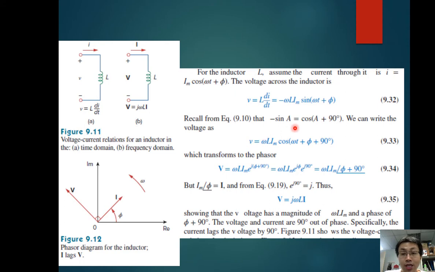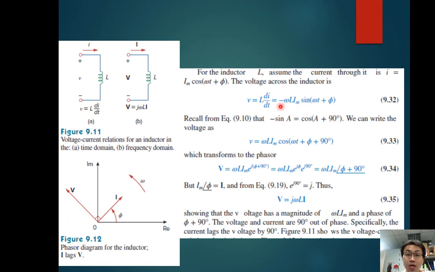Recall from equation 9.10, negative sin A equals this. We can rewrite the voltage like this, because this is a sine wave and we want to convert it into cos so that we can put it into phasor form. So we transform to the phasor, and our Vm will become omega L Im. Okay, sorry, maybe I should look through this one. We know that negative sin A is cos(A plus 90).